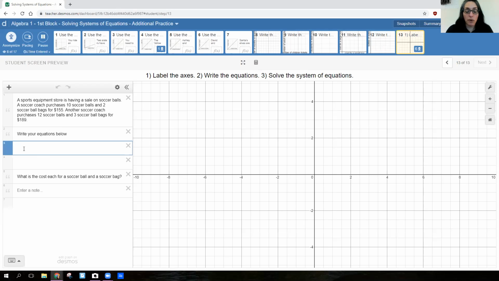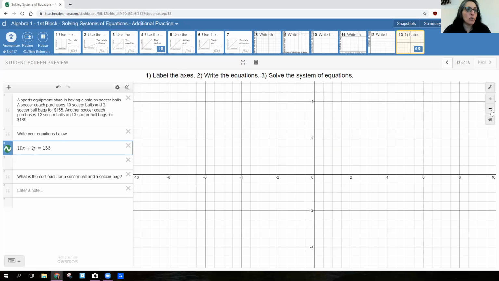So 10 soccer balls will be 10X plus 2 soccer ball bags would be 2Y equals, how much money did he spend there? 155 bucks. So equals 155.